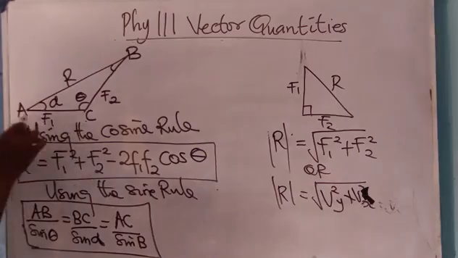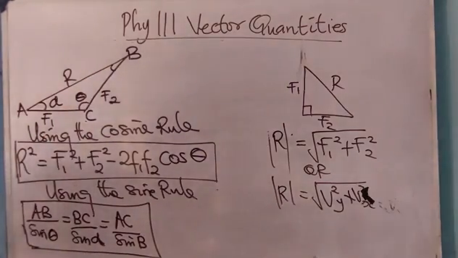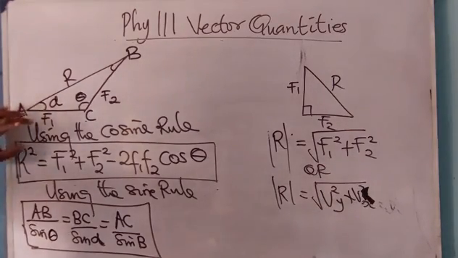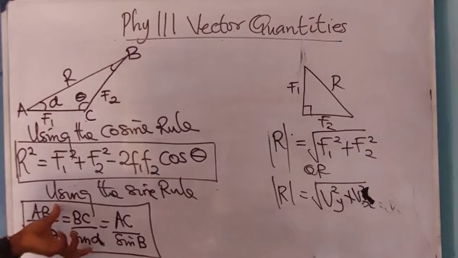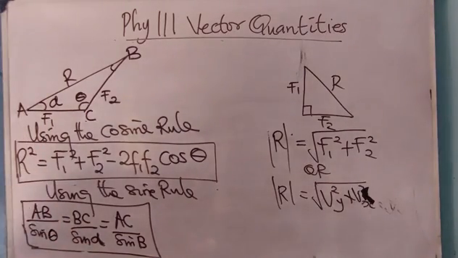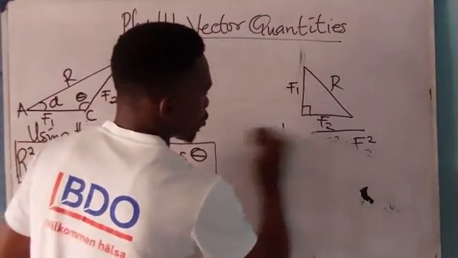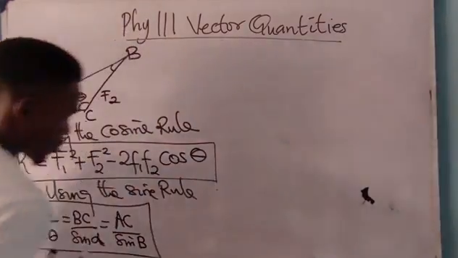Then you have AC being faced by sine B. So this is the cosine rule, and this is the sine rule. So that is for that. Since we've been able to understand this part, it is very important we commit it to memory. That is for that.